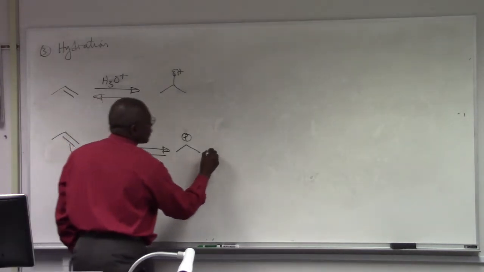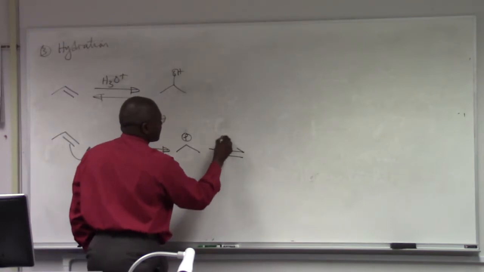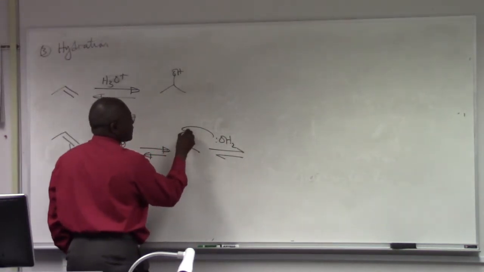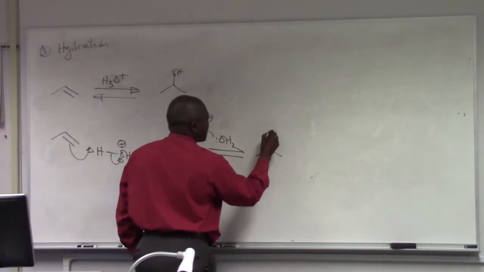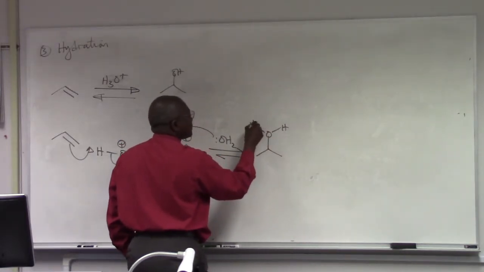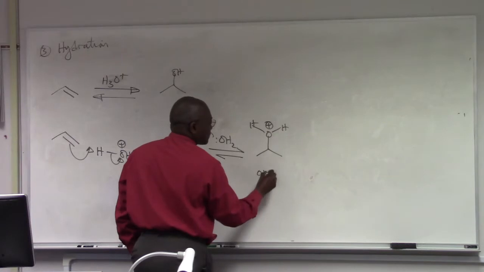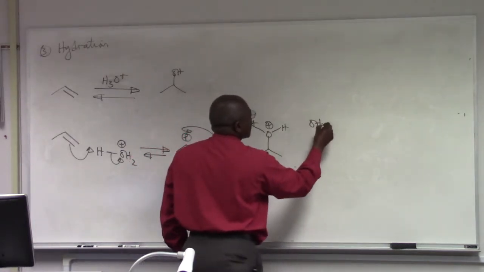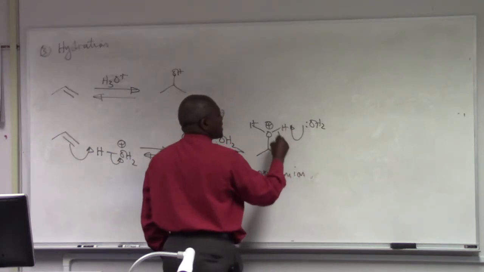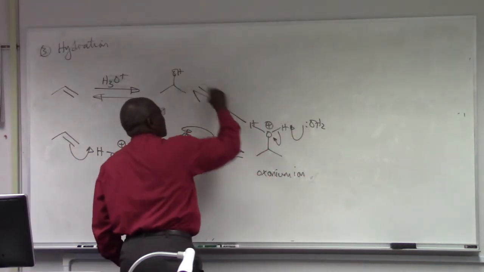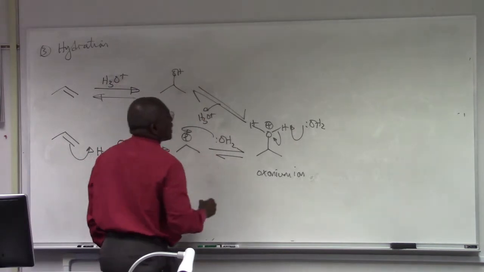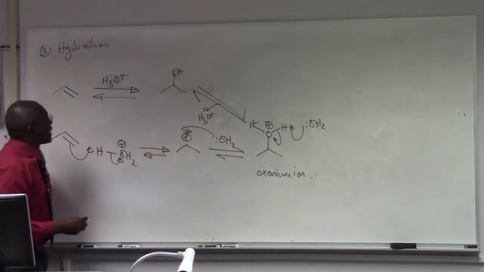Then a water molecule would attack the carbocation, and that's going to give rise to the oxonium ion. And then the oxonium ion is attacked by another water molecule which functions as a base, and that's going to give rise to your product. And you get your reaction.